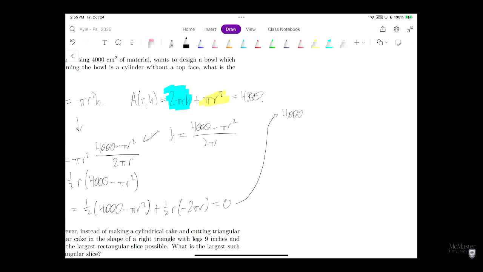So we get 4,000 minus pi r squared minus 2 pi r squared equals 0. So 4,000 is equal to 3 pi r squared. So r is equal to the square root of 4,000 over 3 pi. And we do not need a plus minus because a negative r doesn't make sense.